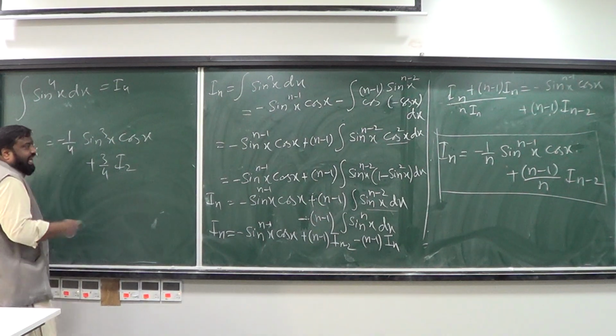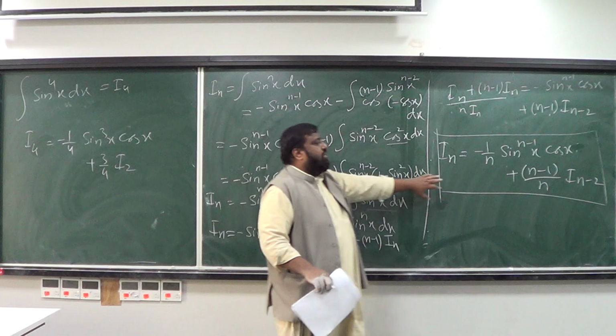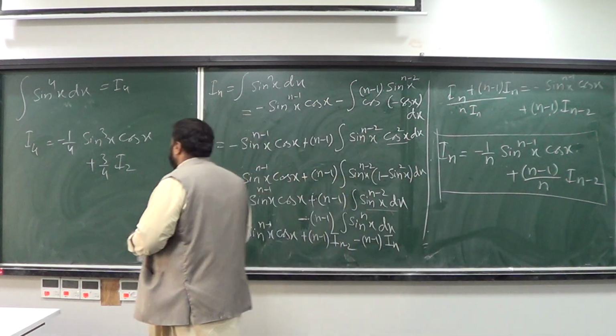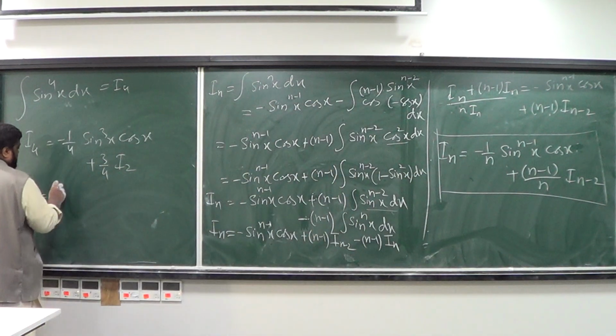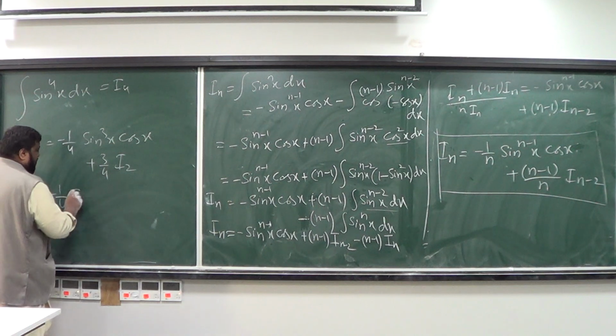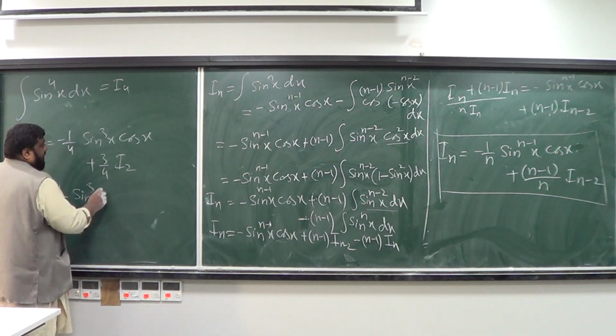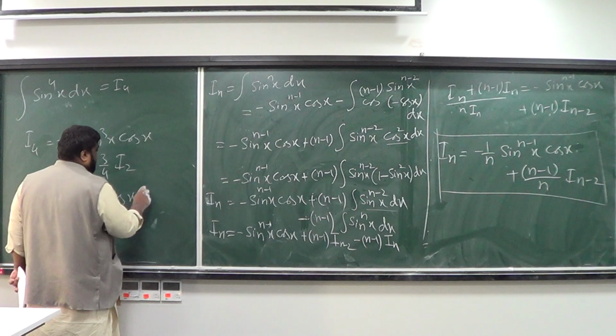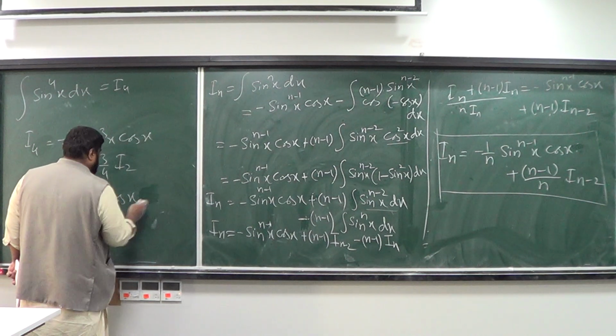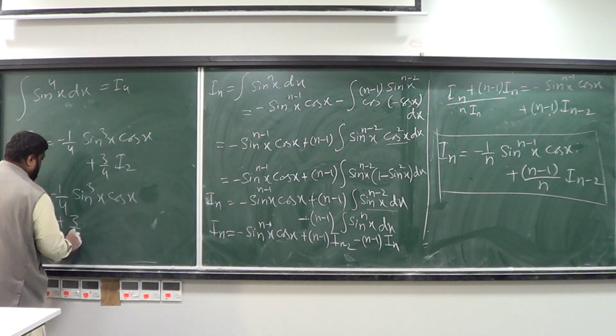Now I can also again calculate the value of I_2 from here. It's not difficult. Minus 1 over 4 sine cube x cosine x plus 3 upon 4.